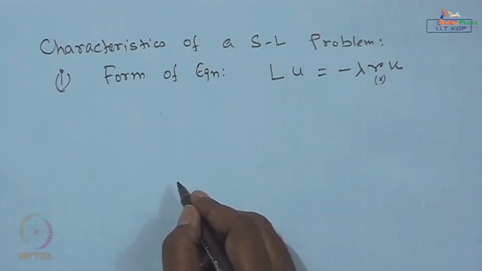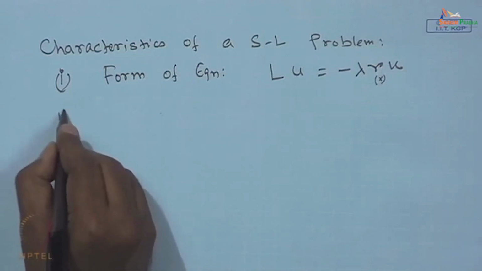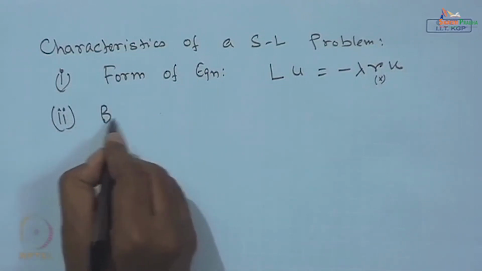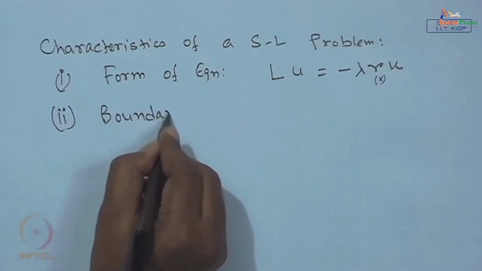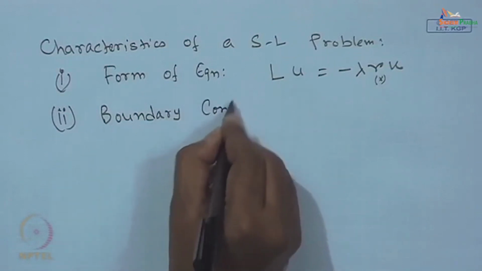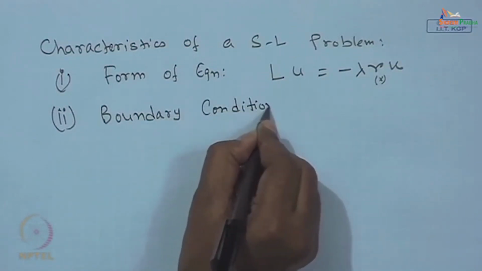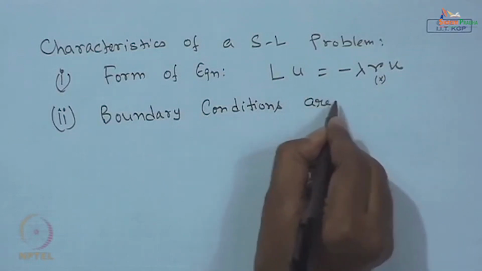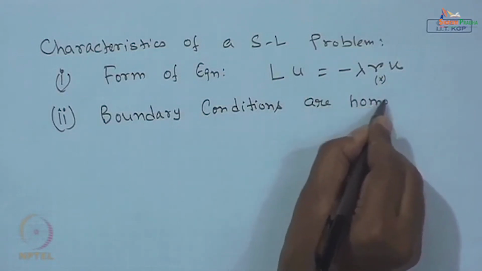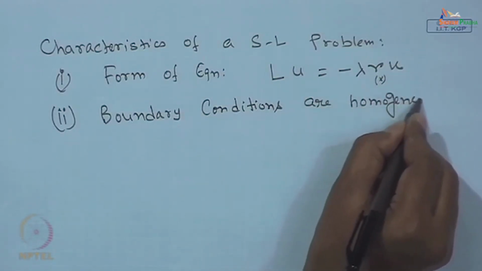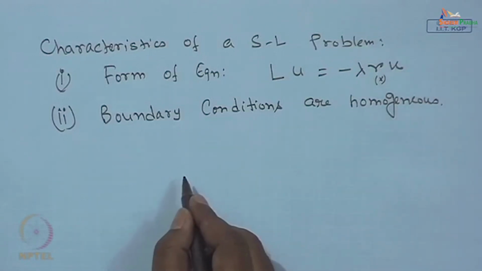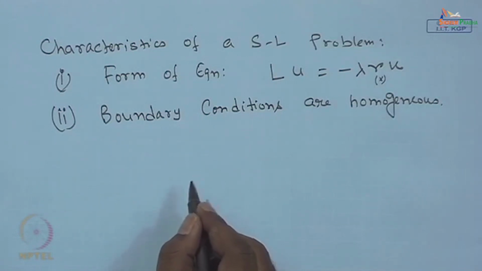That is the form of the governing equation. And the second is that the boundary conditions are homogeneous. If these two characteristics are satisfied, then we have a Sturm-Liouville problem.